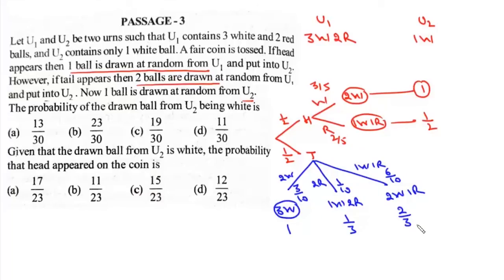Now first we need to find the probability that white ball is being drawn from U2. Now basically it's a conditional probability, so we have to multiply all these probabilities.